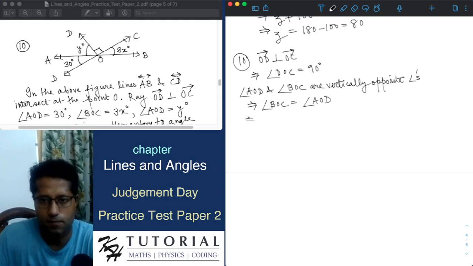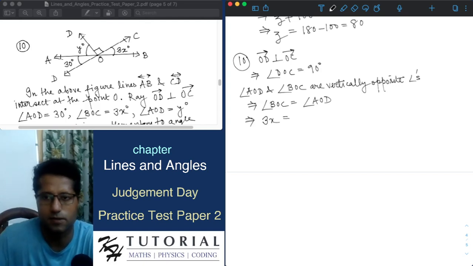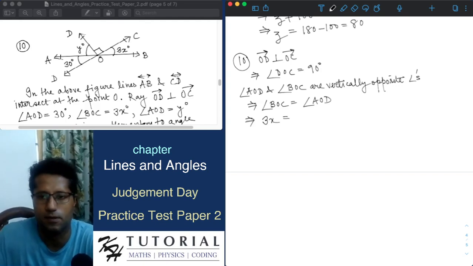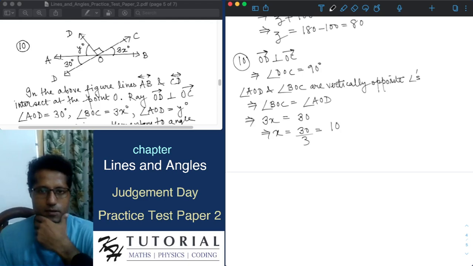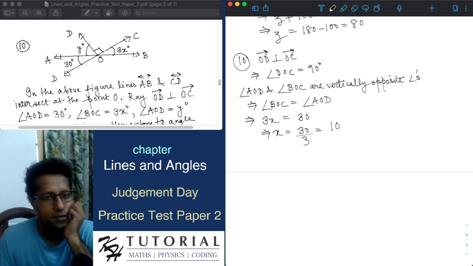Angle BOC is given to be 3x degree, and AOD is given to be 30 degree. So we have 3x equals 30. This implies x equals 30 by 3, which is equal to 10. So x is 10.